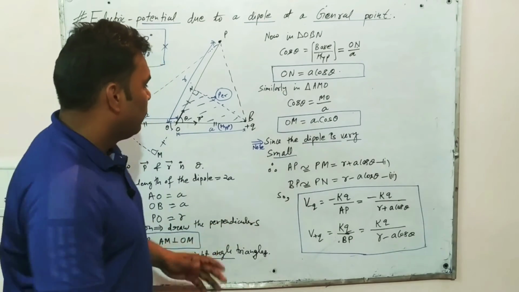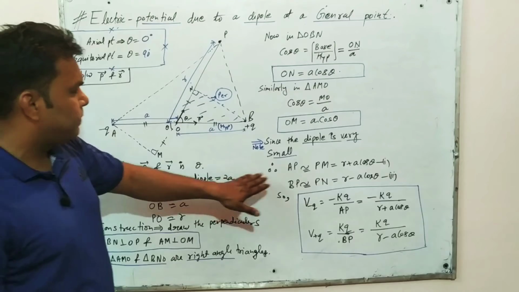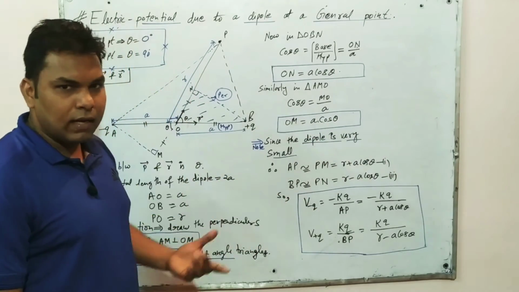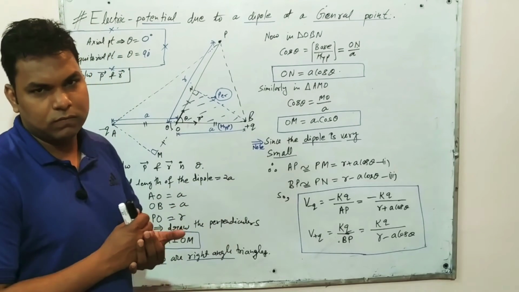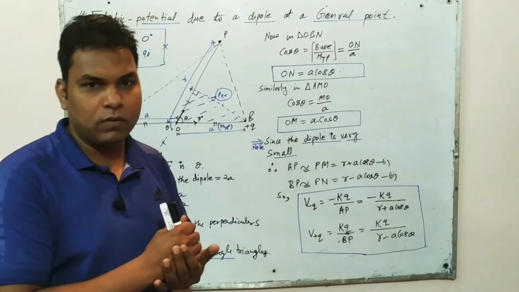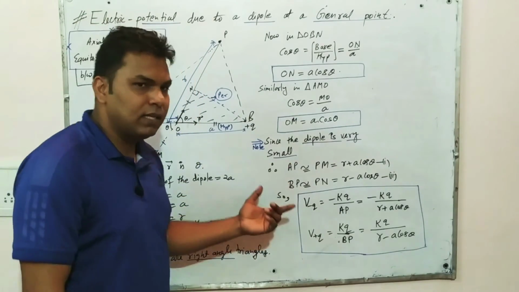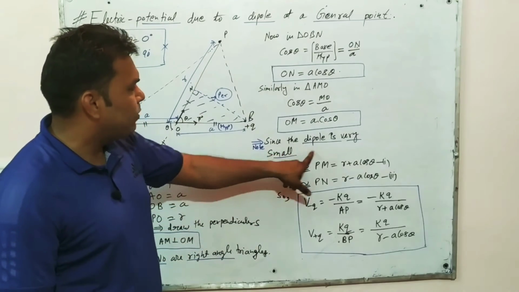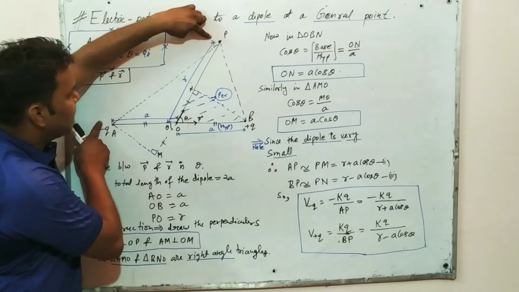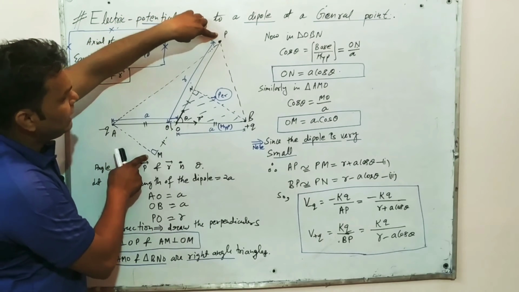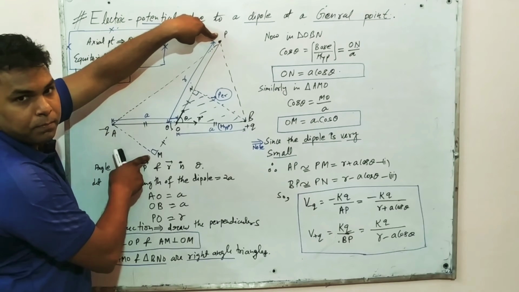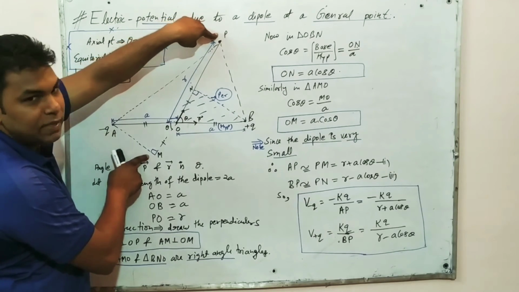Clear? Now please note this thing. This is a very important thing for this derivation. We are assuming that the dipole is very small. The length of the dipole is very small. Clear? So our assumption is, since the dipole is very small, the distance AP is equal to PM.